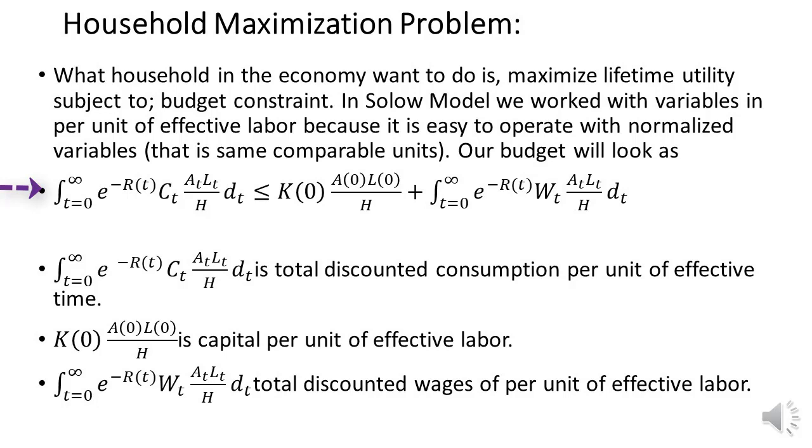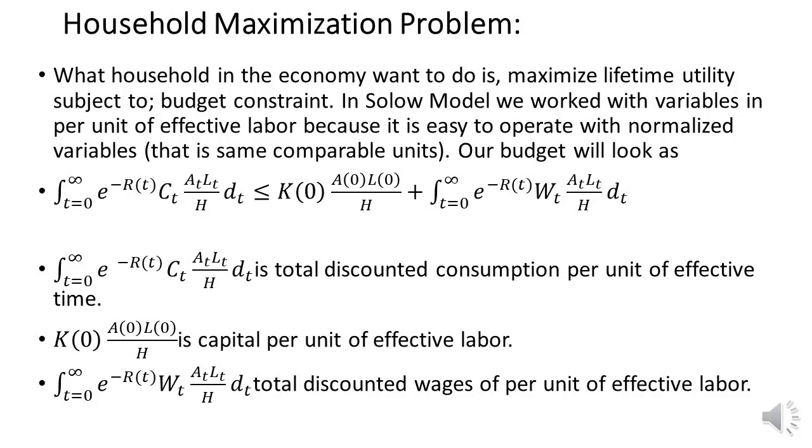The left part is the total discounted consumption per unit of effective labor. So this is the same thing but in terms of effective labor. So we added a hat in this, and this is capital holding at time t, capital per unit of effective labor.